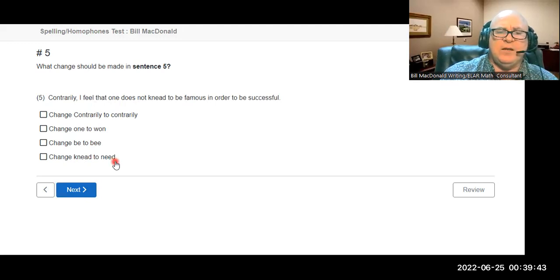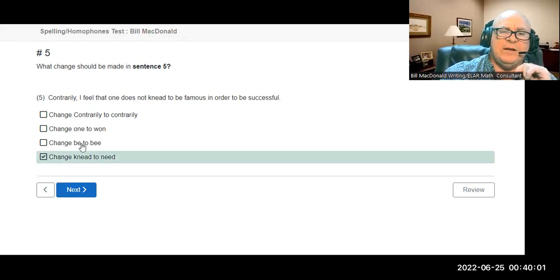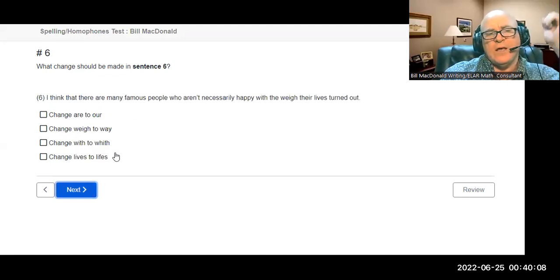I have a need. And this is a word, but it's not used that way in this sentence. So I'm going to have to eliminate the need that's there and select the other one. Number 6, capital.